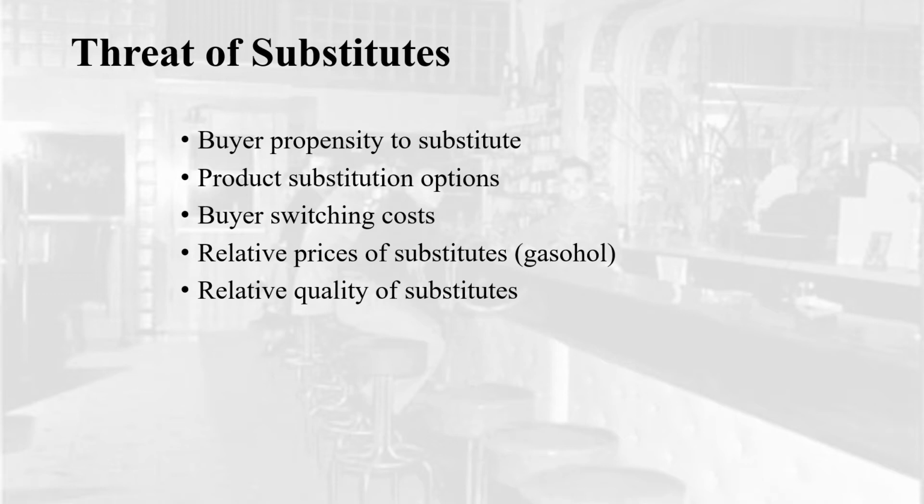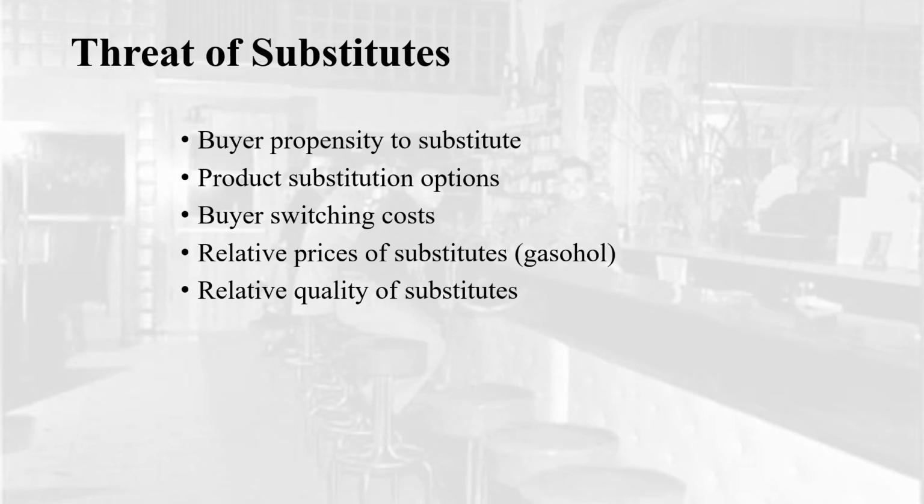Buyer switching costs, of course, refer to how much it costs to change from using one product to another. For instance, if you are heating your home with heating oil or propane gas, and you decide you want to switch to natural gas, how much does it cost to do that? Well, you might have to put a new furnace in. You might have to run some lines. Or, there could be lots of expenses associated with that.